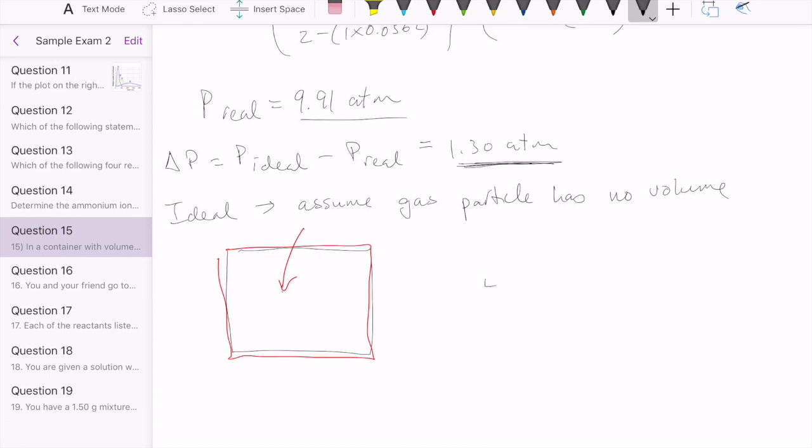Now, if your container has this size instead, and you have the same size of gas particle, now you have to assume that your gas particle has a significant volume relative to the size of the container. So in the big container, your gas would behave ideally, and in the small container, your gas would behave non-ideally, or we call it a real gas.